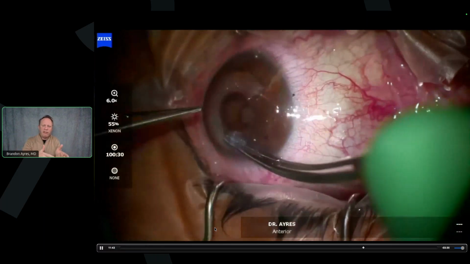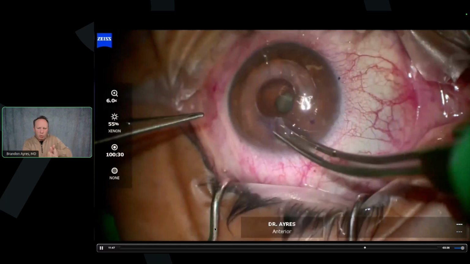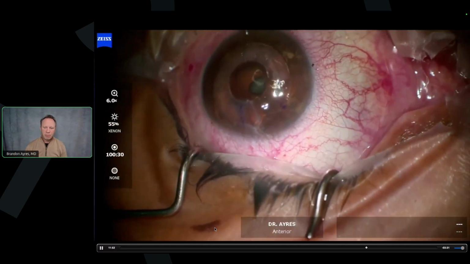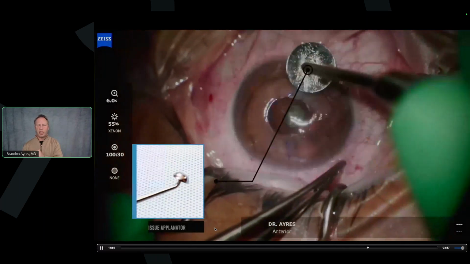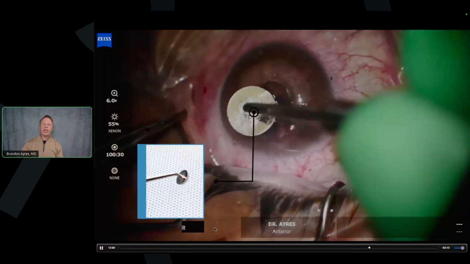It's kind of wrinkling itself up a little bit in there. So as we introduce more of the CTAK segment, we're going to smooth it and work it around the channel. That's why I like having that beginning and end mark, so I know approximately when I have that segment completely relaxed. So here we are kind of ironing out the cornea.